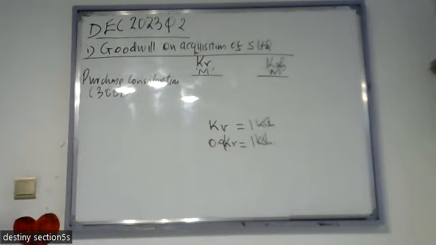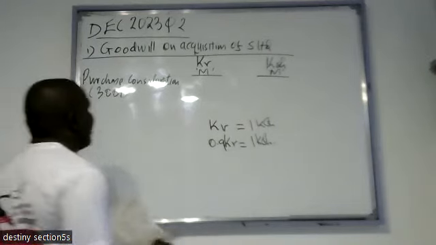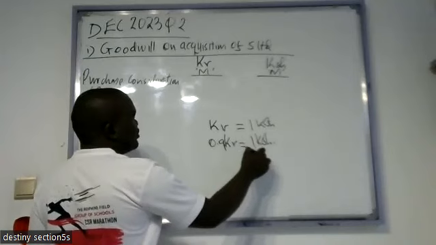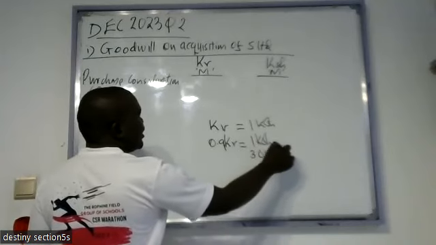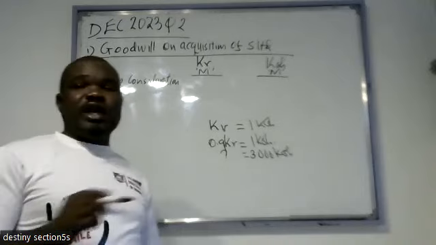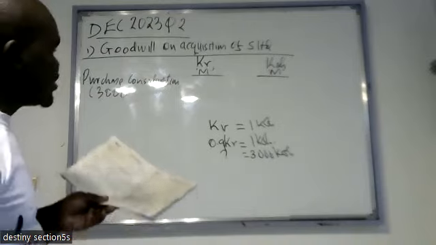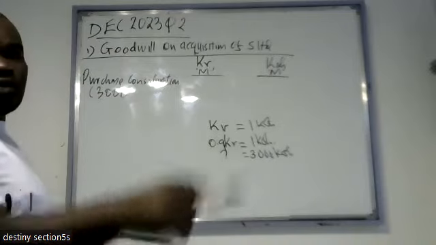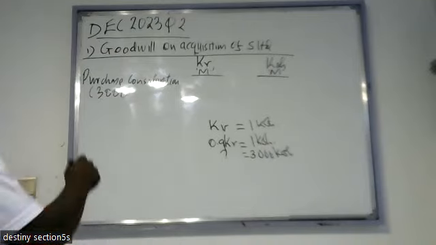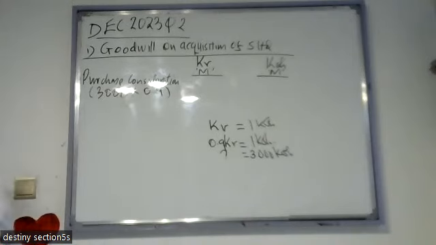That is the meaning. So what about 3,000? 3,000 is in Kenya shillings. So that one you will multiply to go to that currency. Because they say crowns to Kenya shillings. So it means 0.9 crowns is equals to 1 Kenya shilling. So multiply by 0.9. What do you get?